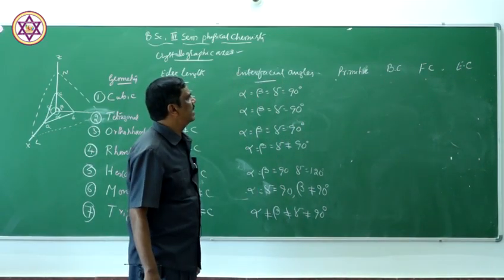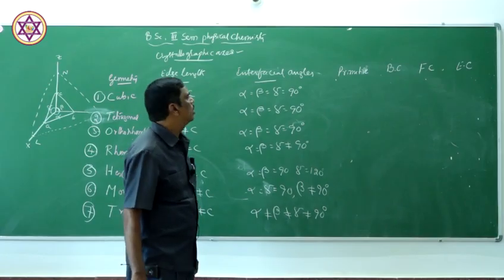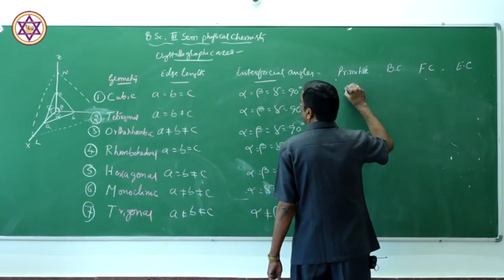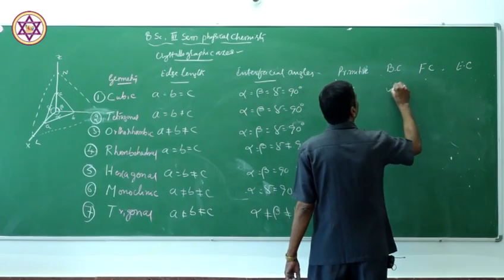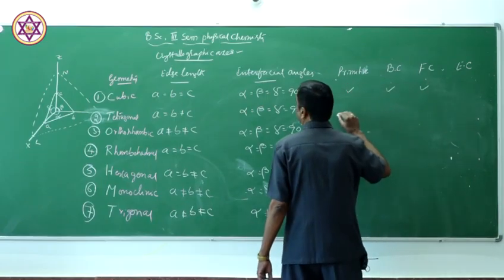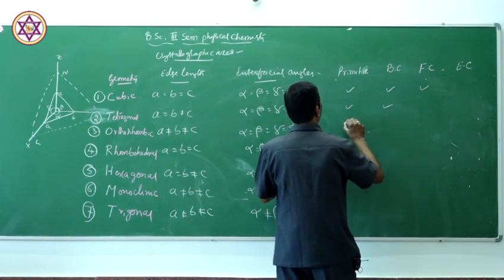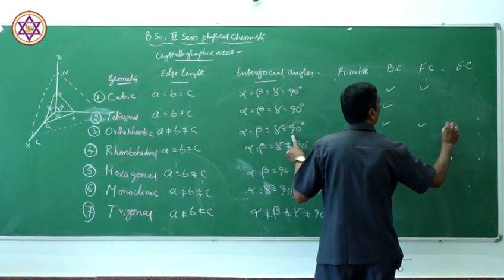These lattices can be represented using the formula 3-4. 3-4 means, in case of cubic 3, here only 2, in case of orthorhombic 4.